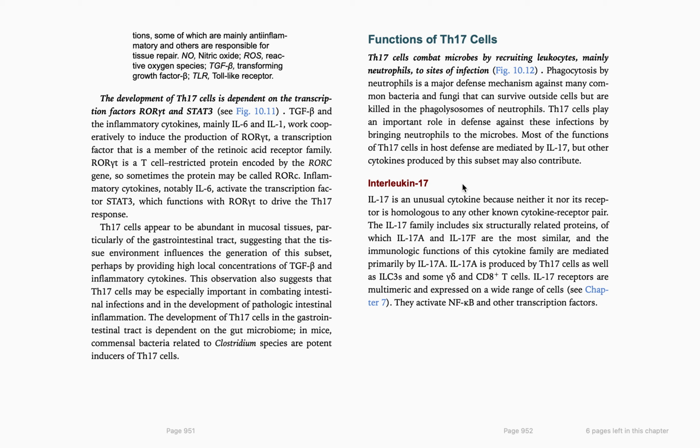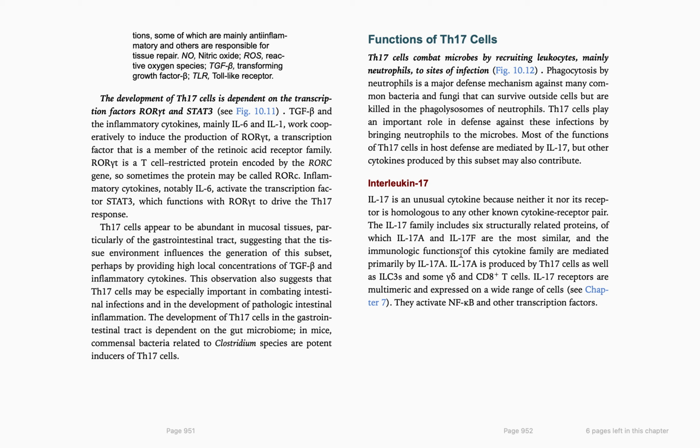Interleukin 17. Interleukin 17 is an unusual cytokine because neither it nor its receptor is homologous to any other known cytokine receptor pairs. The interleukin 17 family includes six structurally related proteins, of which interleukin 17A and interleukin 17F are the most similar.